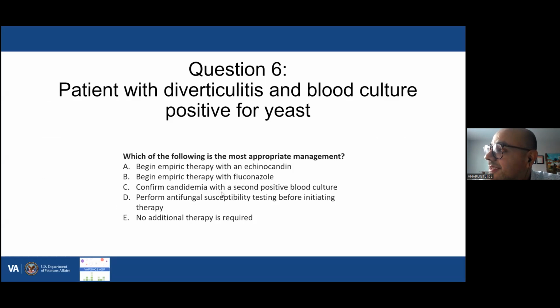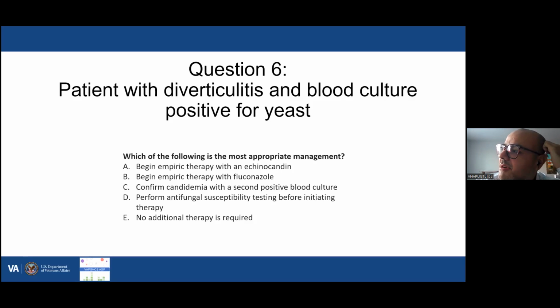All right. Great. So, a patient with diverticulitis and a positive blood culture for yeast. What did people pick for this one? Fantastic.